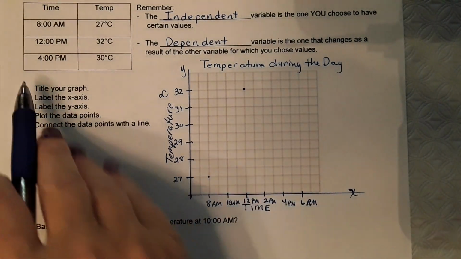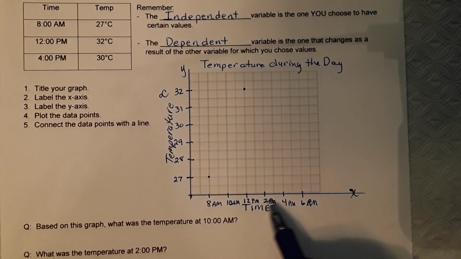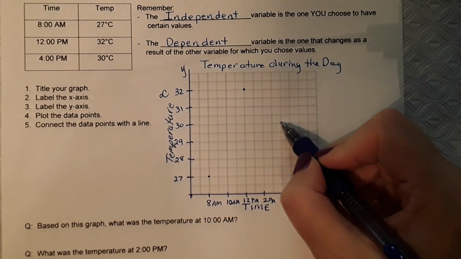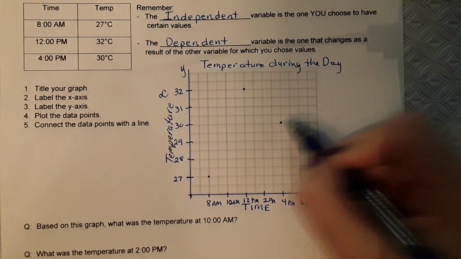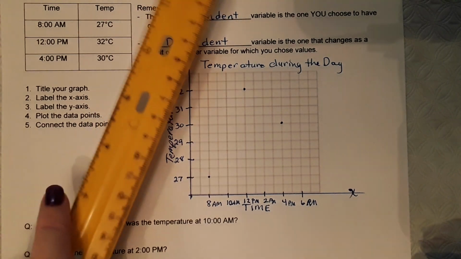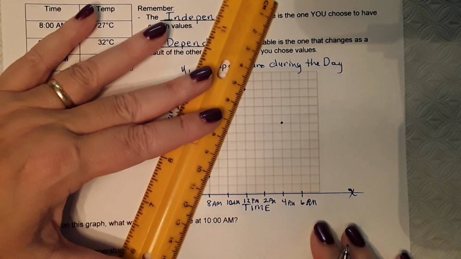All right? Then over to 4, up to 30. Over to 4 p.m., up to only 30. Right there. Now that we have our 3 points plotted, we can connect them with straight lines.